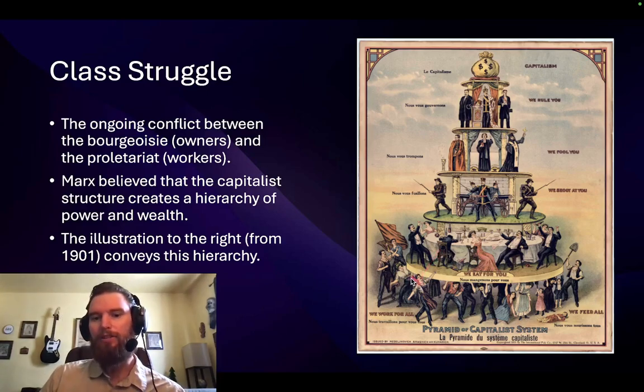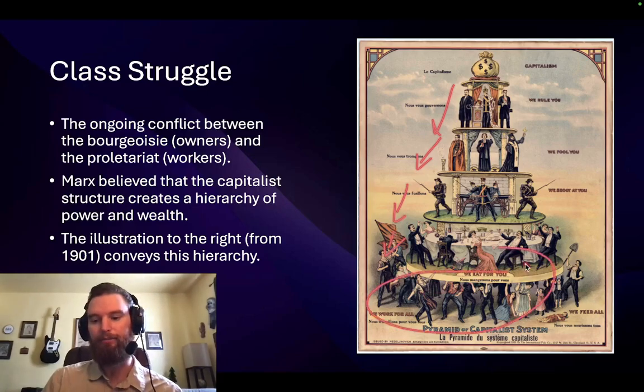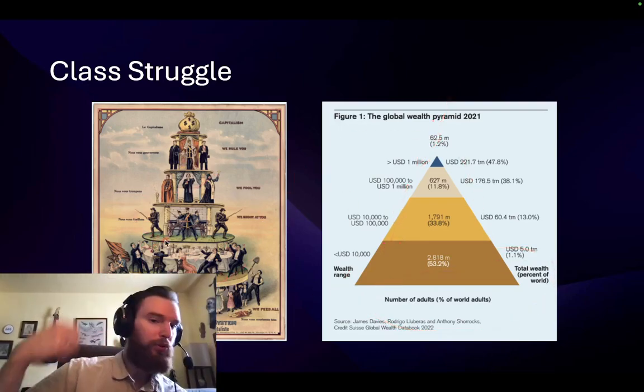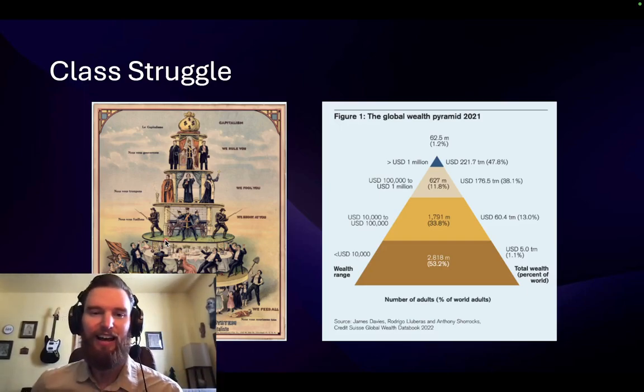So that's what Marx is really focused on, that it's quite difficult to push up against this pyramid, but those who are already at the top can quite easily push whatever they need down to the bottom, and it gets all the way here, okay? This class struggle is something that maybe you have experienced in your life or noticed before, just living.